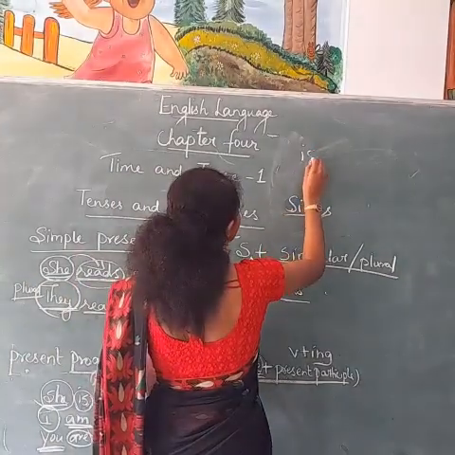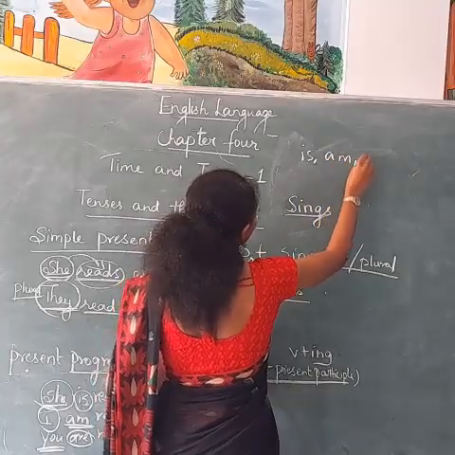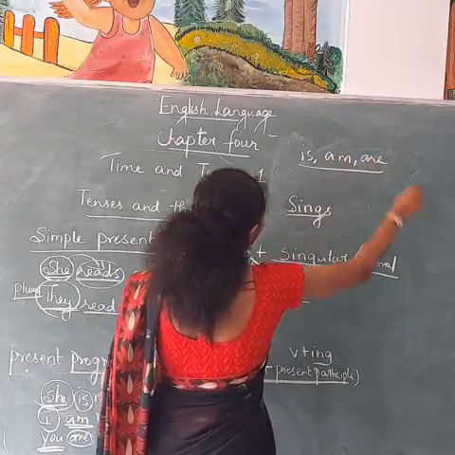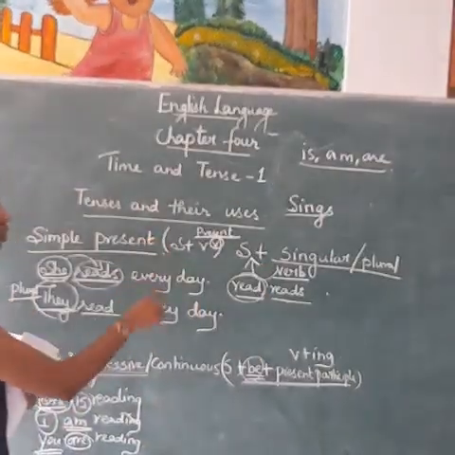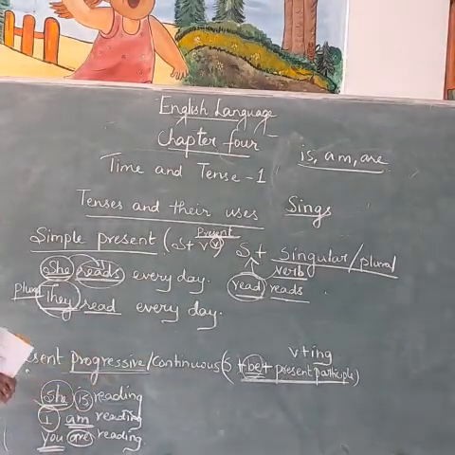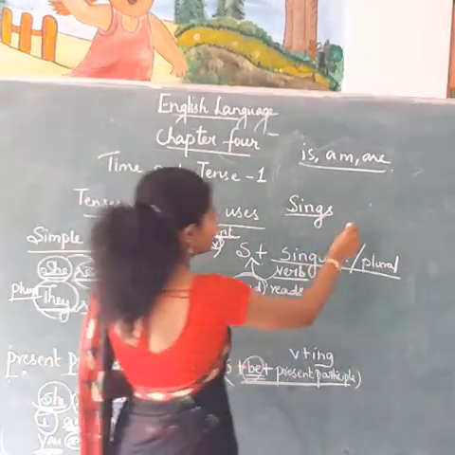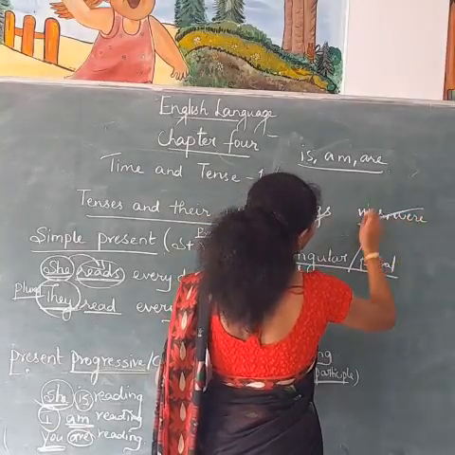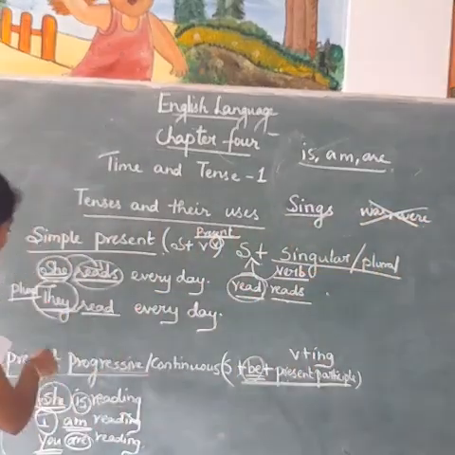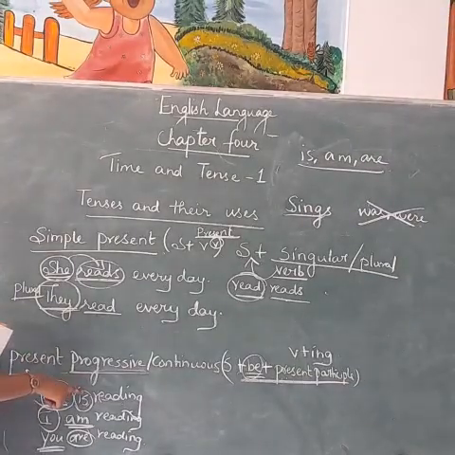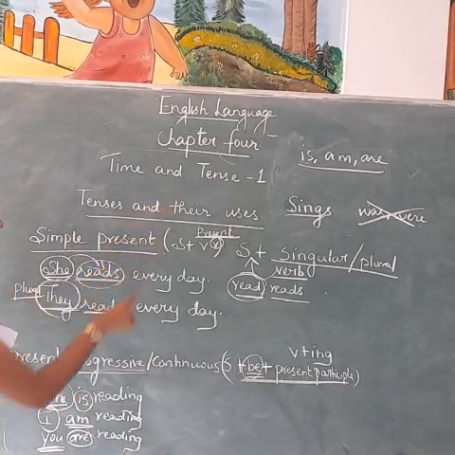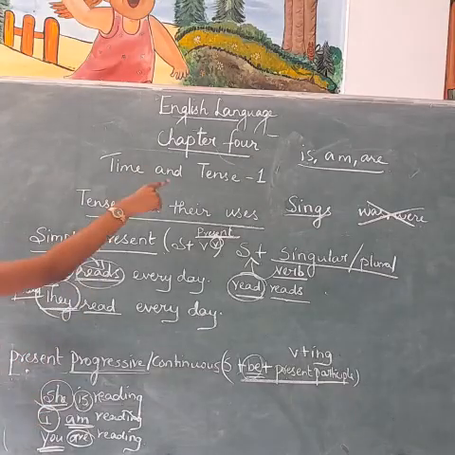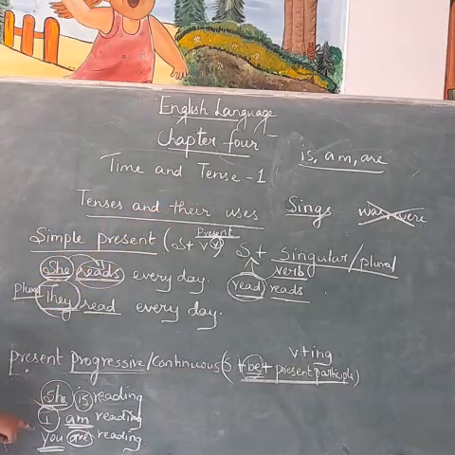So, is, am, or are should be used in present progressive tense. We should not use was or were because we are talking about present progressive tense. Okay? And according to the subject, any one of these be verbs should be used.